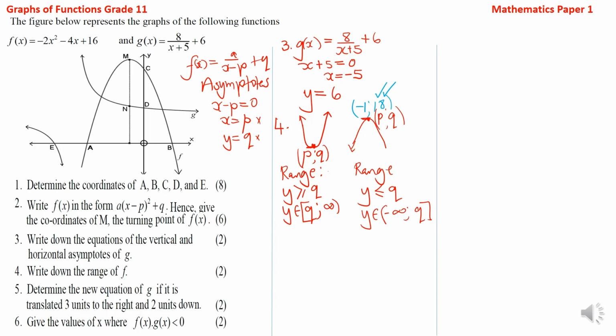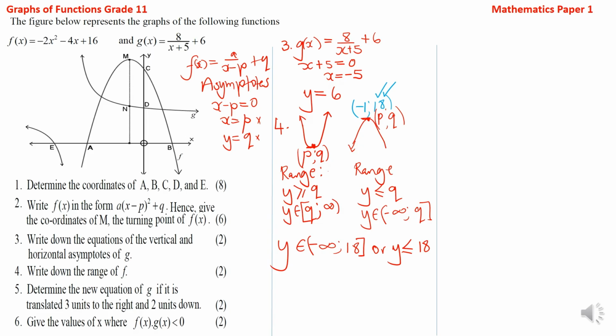So the graph starts from negative infinity, but it ends at 18. So the answer is y is an element of negative infinity up to 18. Then remember square brackets on the side of 18 because 18 is included. Or we can write it in this form: y is less than or equal to 18. This is the range for the graph of f, question number 4.